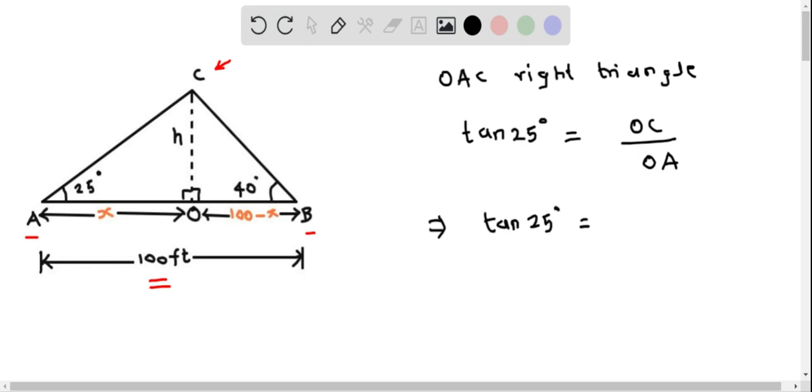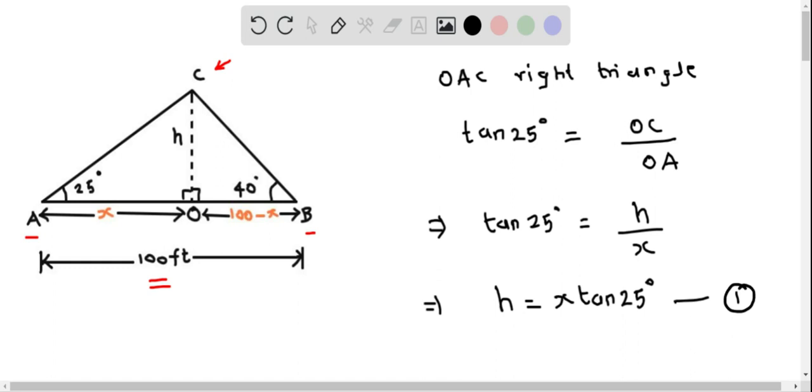OC is represented by the height h and OA is represented by the variable x. So from this we solve for h. h is equal to, if we multiply both sides by x, x times tan 25. Let this be equation 1.